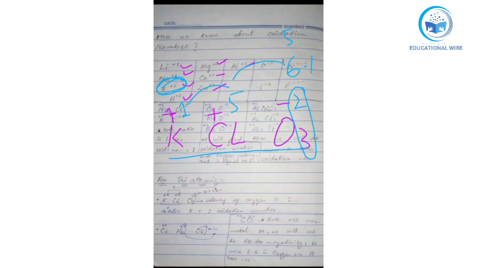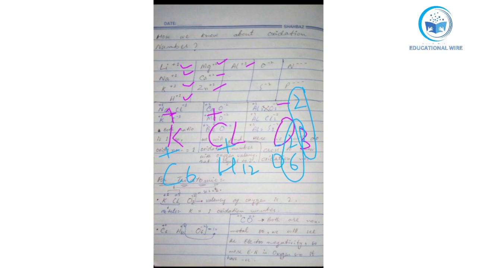Now let's suppose at the place of it, we are changing it. We are having C6H12O6. We will put minus 2 here. Hydrogen is positive, carbon is positive. Now 6 2s are 12.